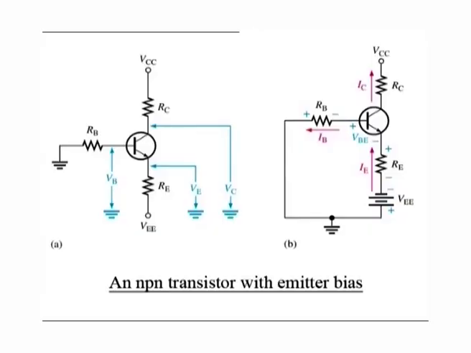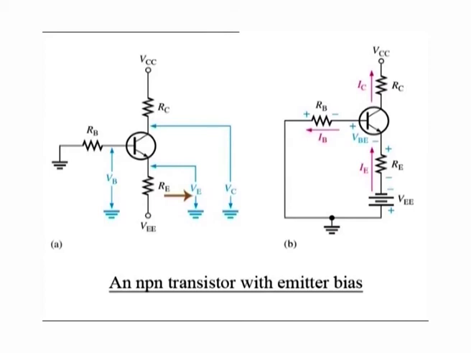To obtain a reasonable estimate of the key DC values in an emitter biased circuit, analysis is quite easy. In an NPN circuit such as shown in the figure here, the small base current causes the base voltage to be slightly below ground. The emitter voltage is one diode drop less than this.